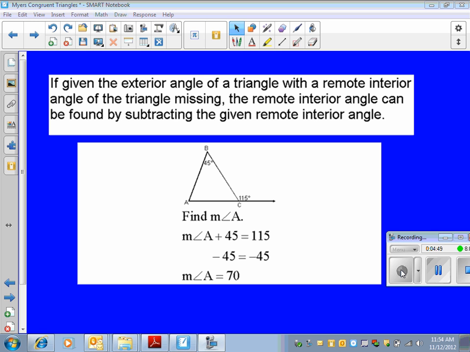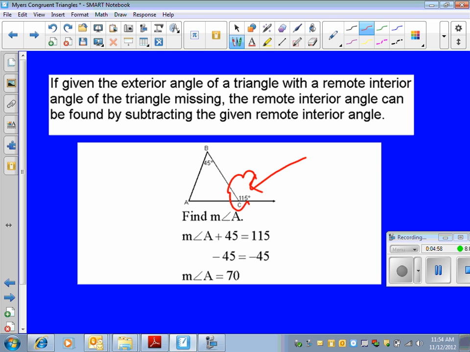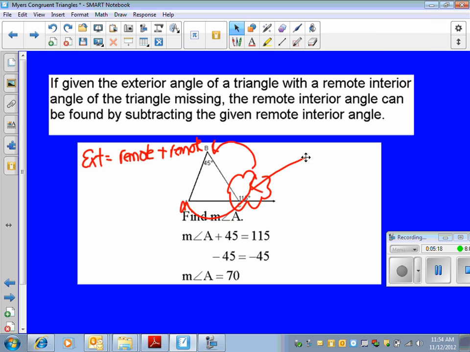This is a wonderful review of the remote exterior angles theorem. Folks, this is an exterior angle, and I like to reach around and say that the exterior angle is equal to the sum of the remote angles. So remote plus remote.